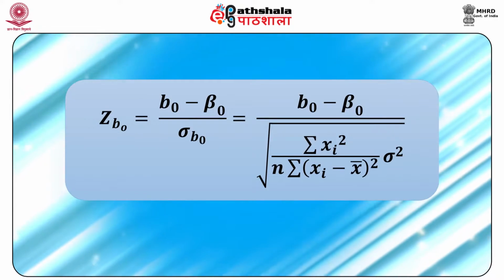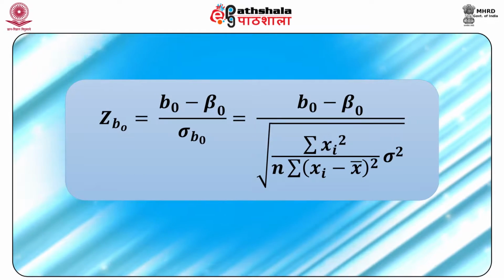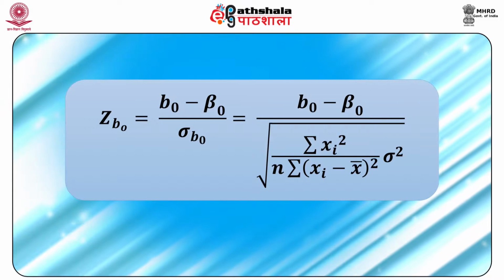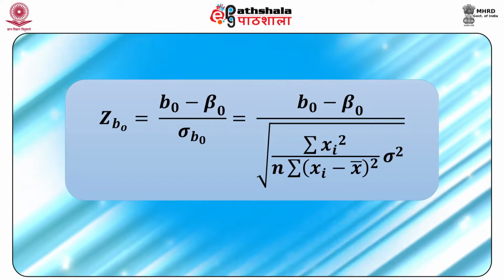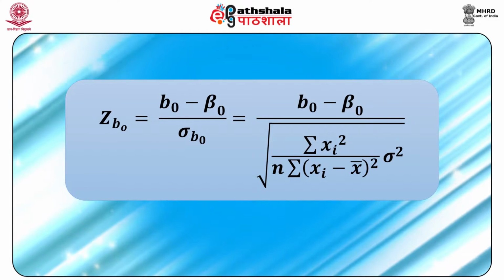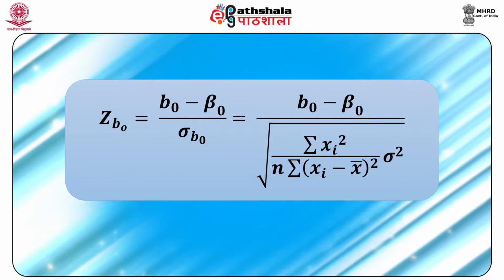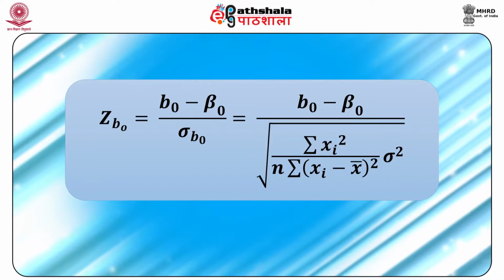We convert the normally distributed OLS estimators into z variable, which are distributed normally with mean 0 and variance 1. So we can define zb0 equal to b0 minus beta 0 upon sigma b0, which comes out to be equal to b0 minus beta 0 upon the root of sigma xi square upon n sigma xi minus x bar square into sigma square.